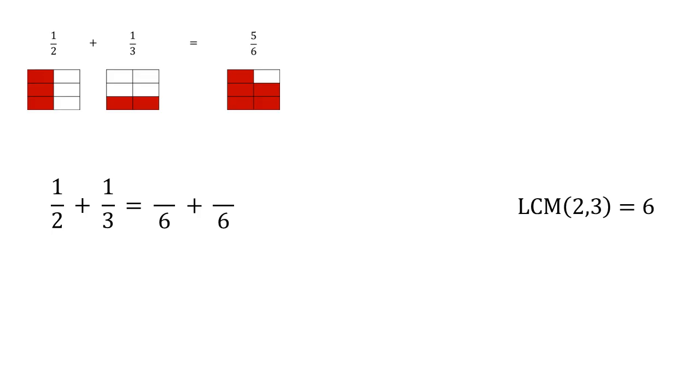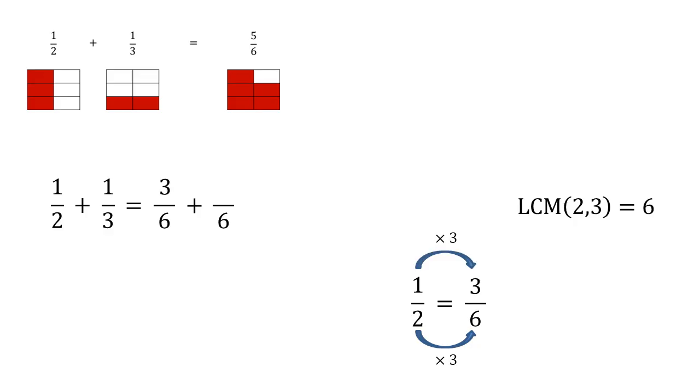Once we've done this and we've worked out what our denominators are going to be, we need to find equivalent fractions to a half and a third that have 6 on the bottom. So let's start with a half. If we're changing a half into 6, our denominator is changing from 2 to 6, it's being multiplied by 3. So we're going to need to do the same for the top, which gives us 3/6.